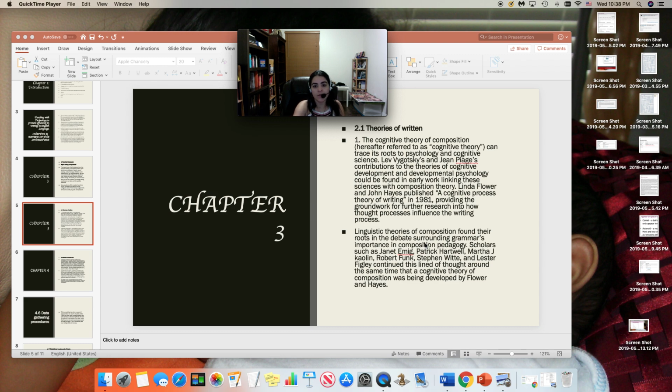The cognitive theory of composition can trace its roots to psychology and cognitive science. Lev Vygotsky and Jean Piaget's contributions to the theories of cognitive development and developmental psychology could be found in early work linking these sciences with composition theory.